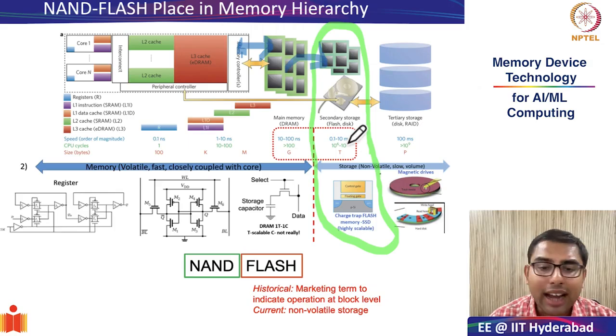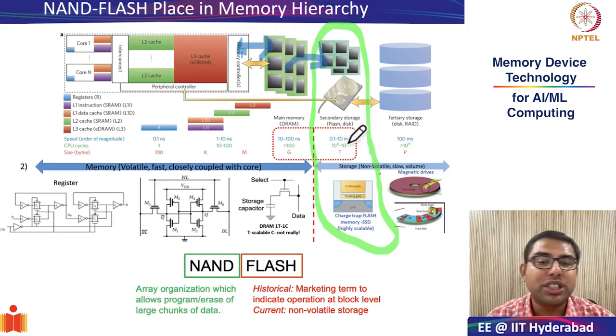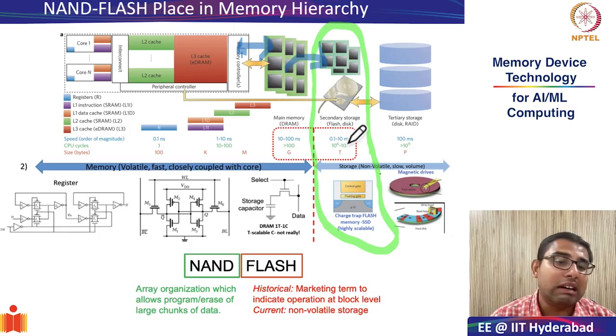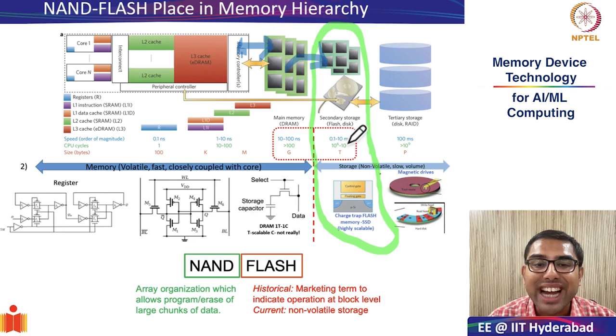Now coming to the first term, which is NAND. What is this term NAND? NAND is a very important term here because it relates to the array organization. We have been seeing throughout our study, especially in DRAM, that just designing a memory cell or a storage cell is not enough.